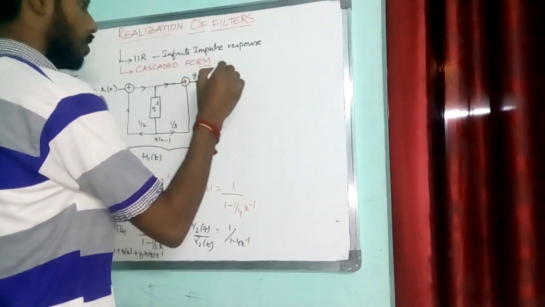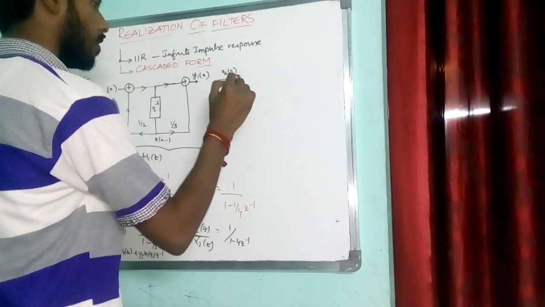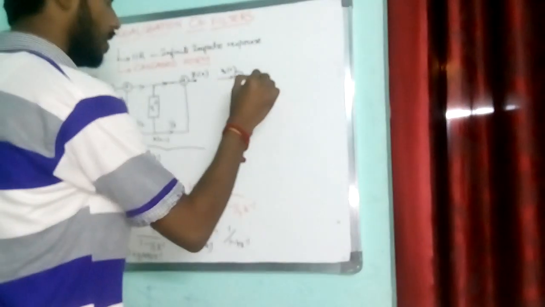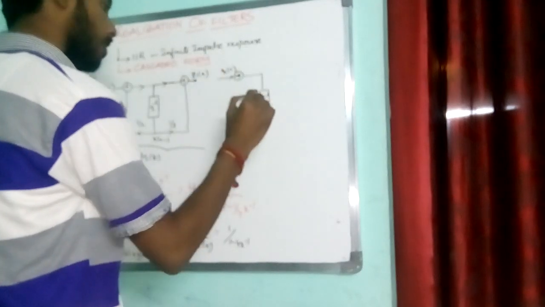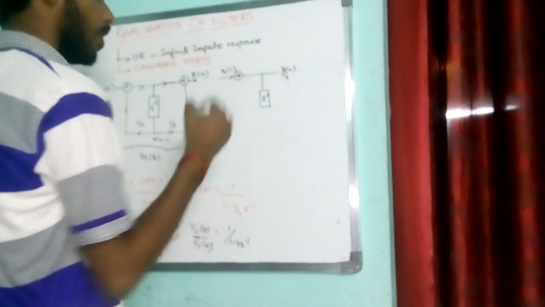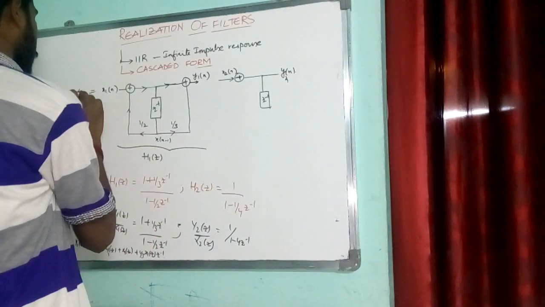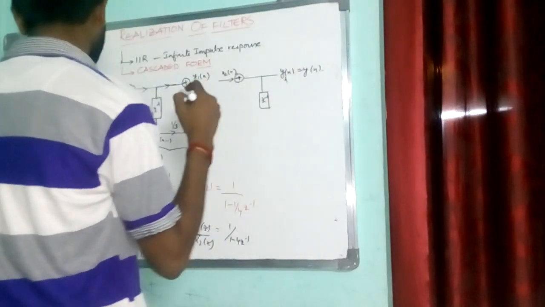right? So again this will be my x2 of n. Sum, I need one delay, and this is my y2 of n, which is also equal to my y of n.